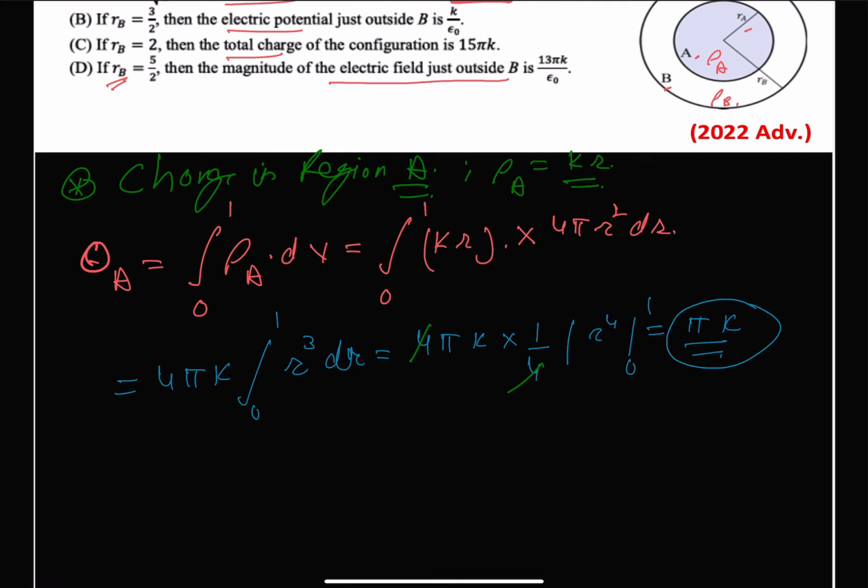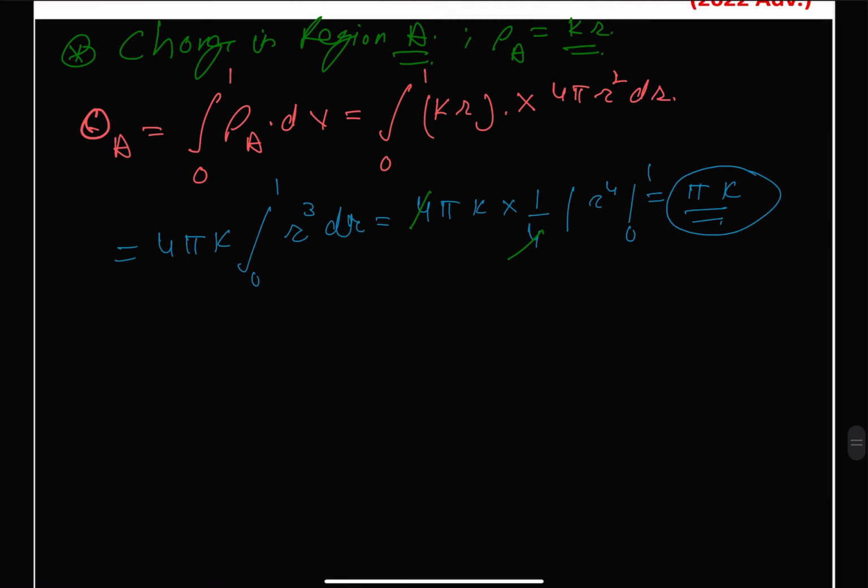Similarly, we can find out the charge in region B. The charge density, that is rho B, is given to us as 2k upon r.